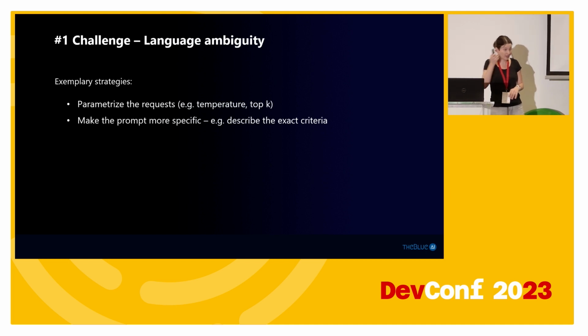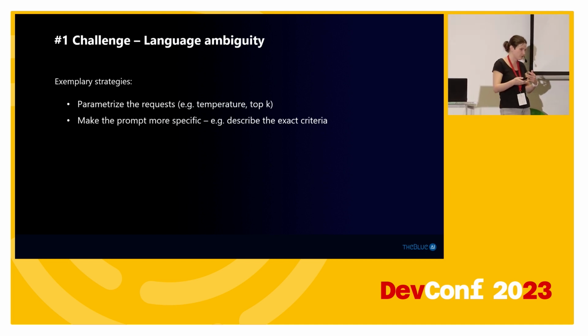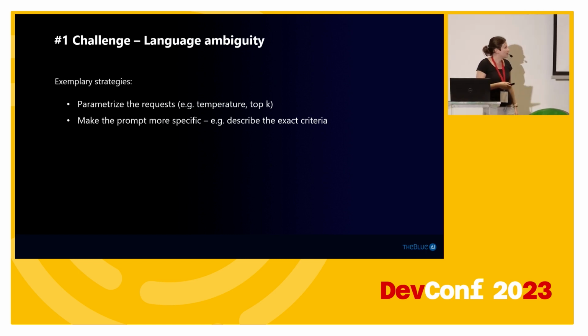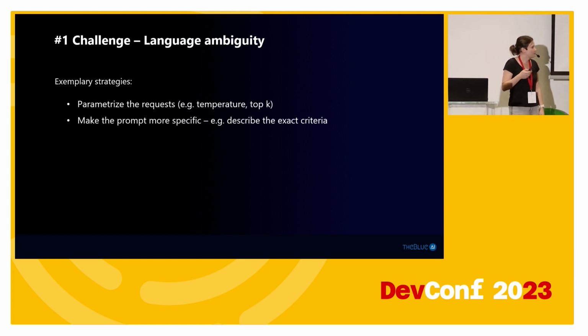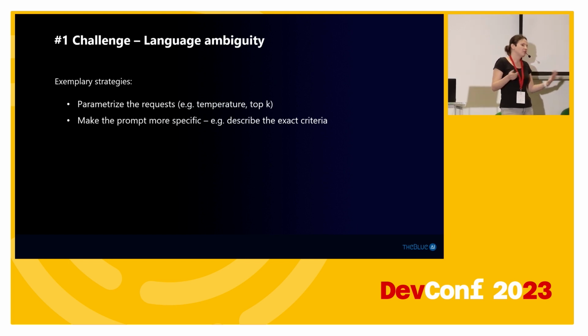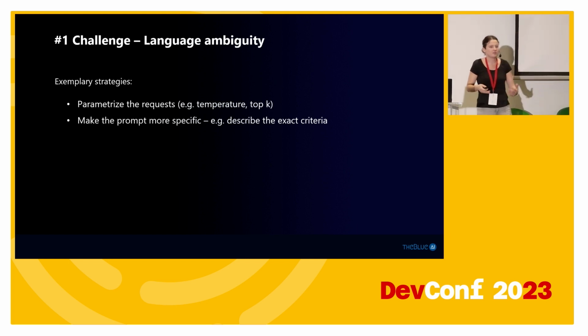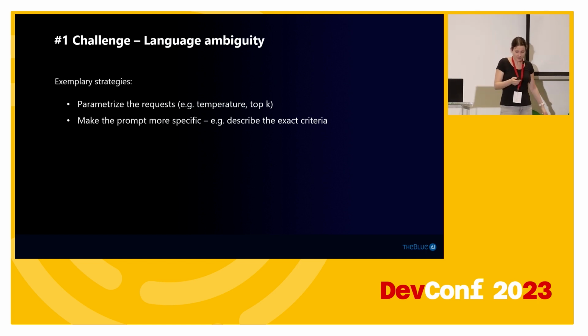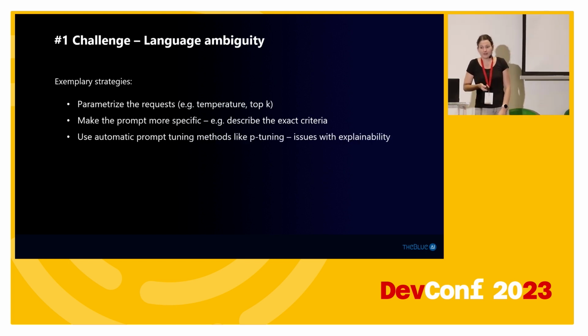Or we can take the top K results and then choose from them as an additional step. Or, quite obvious from the first example, we should make the prompt more specific. So not tell it, okay, do the evaluation, but at least give some kind of criteria. Or maybe ask the model to come up with the criteria, but also to give them in the consecutive prompt.